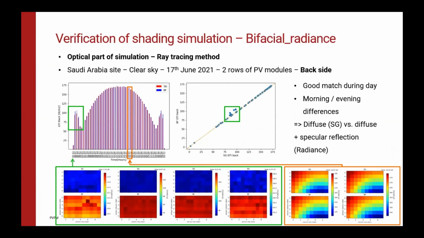At low sun angles there are some differences, but this is only a few watts per square meter on the scale here, so it is very consistent. Definitely, our implementation of ray tracing is slightly different from bifacial radiance, so we expect some differences, but we see these results as very consistent.